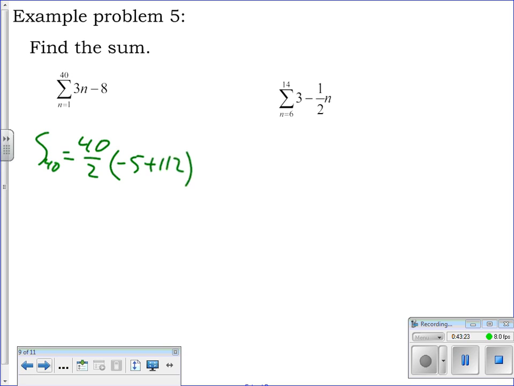You need 3 things: first term, last term, and how many you're adding together. So 112 minus 5, times 20. 2140.